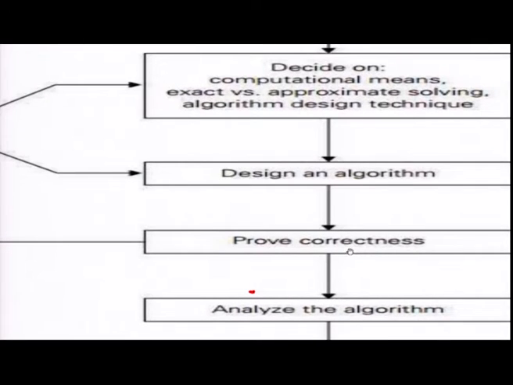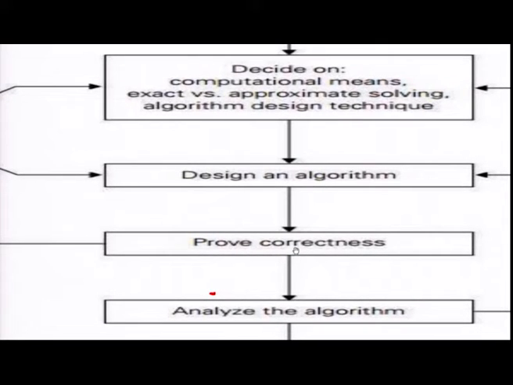So here itself, when you come to know that the algorithm that you have designed is not proved to be correct, is not perfect, then you go back to the computational means and you check the exact solving means or the approximate solving means for the algorithm design technique, and then you come to the designing of an algorithm, proving its correctness.